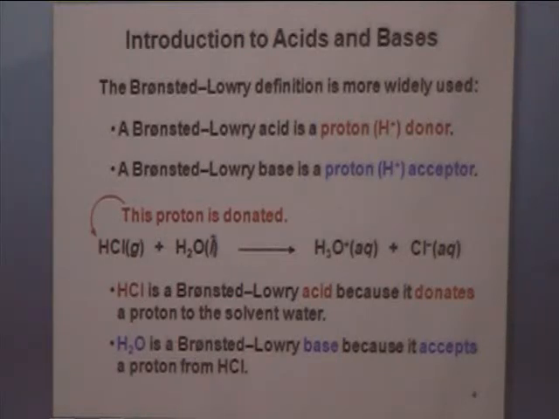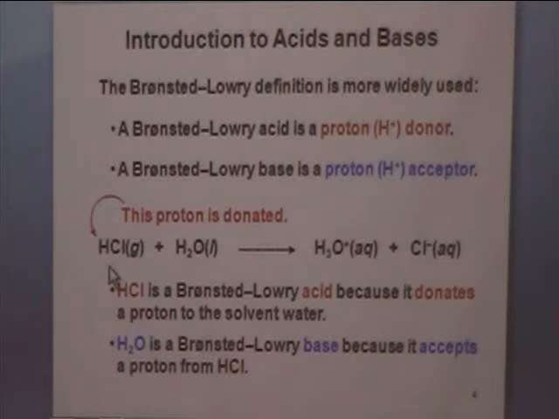Okay? And water here is considered to be a Bronsted-Lowry base. The reason why? Because water accepts hydrogen ion from the acid. Okay, so this is a Bronsted-Lowry base, and this is a Bronsted-Lowry acid.